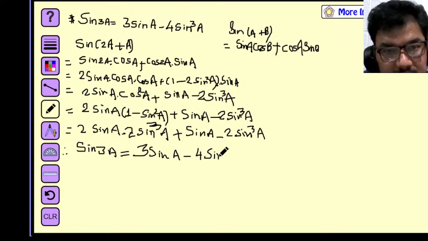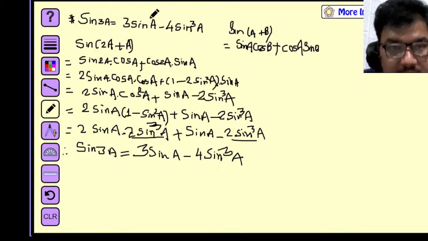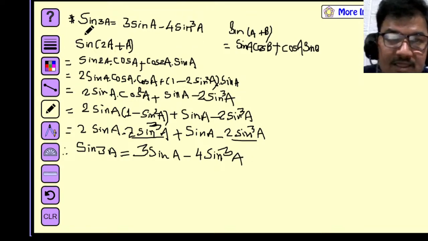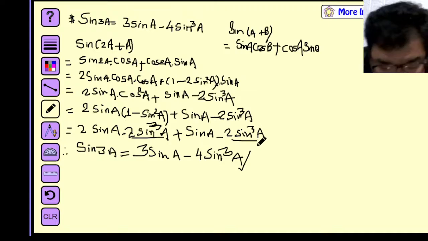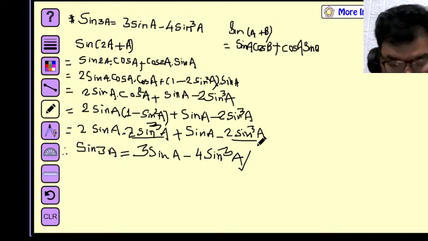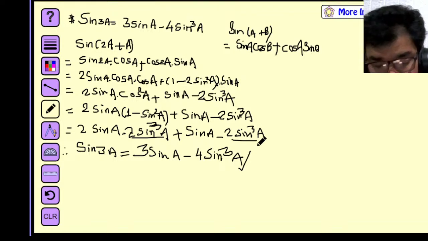We have to add the like terms there. Like this, we derive this formula. Sin 3a, you know how it comes: 3 sin a minus 4 sin cube a. This is the way, children, to derive the formula of the multiple angles.